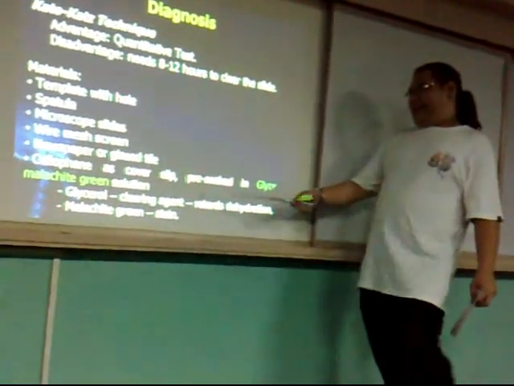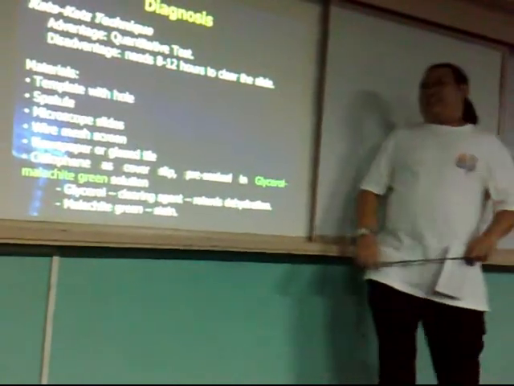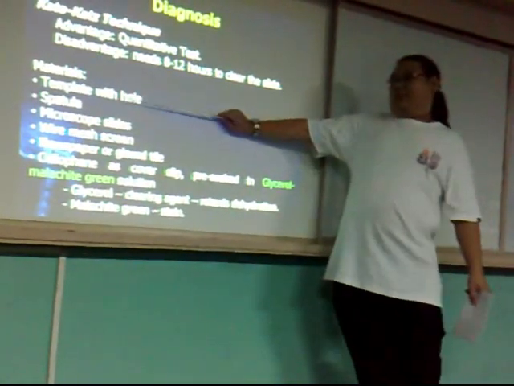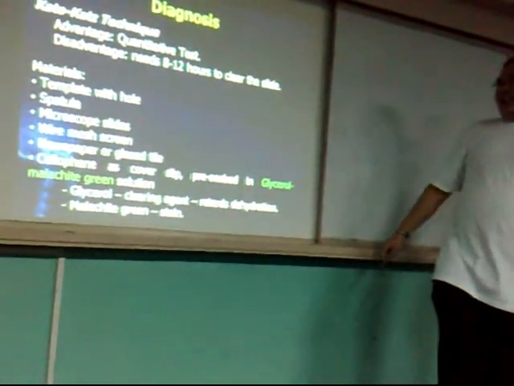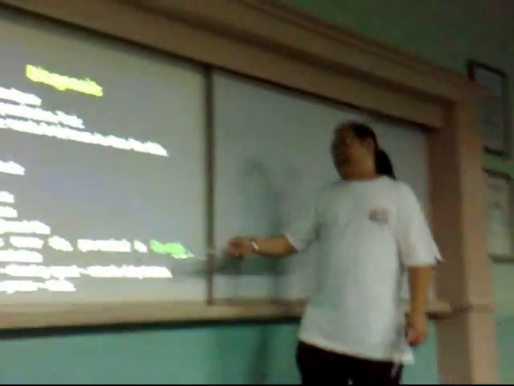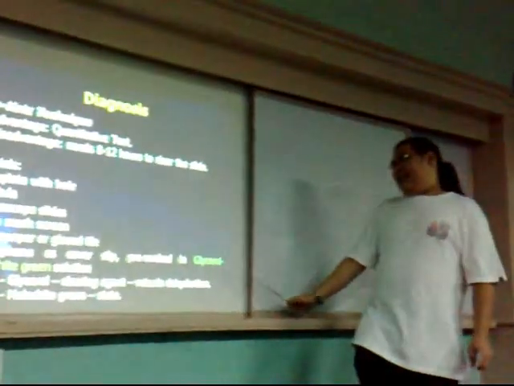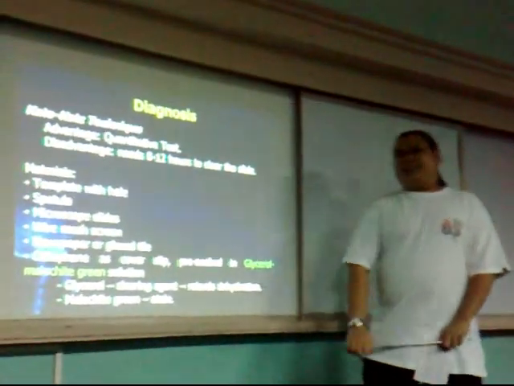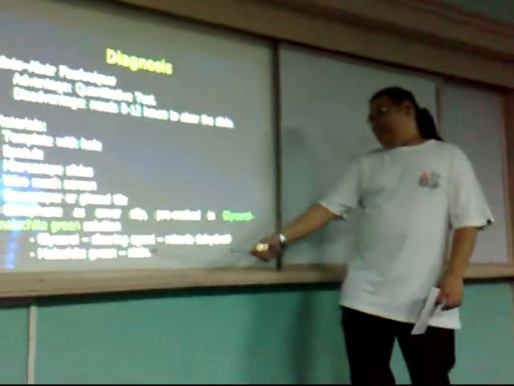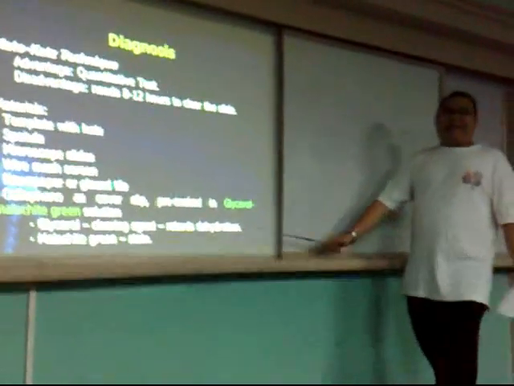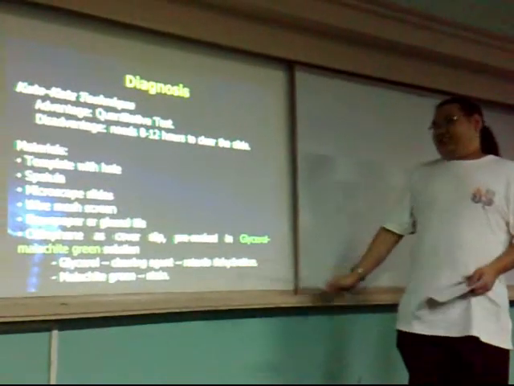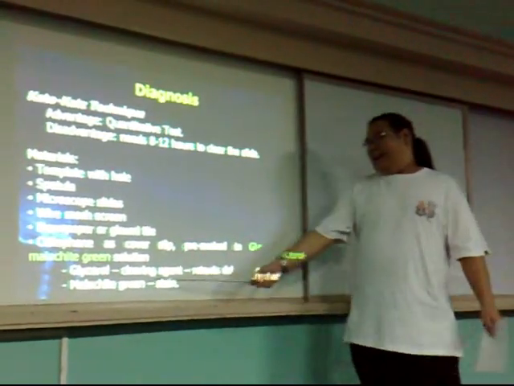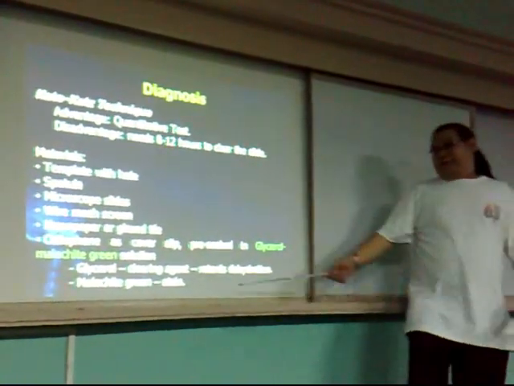So what do you need? You need a template with a hole, a spatula, a microscope slide, wire mesh, a glass tile, and cellophane as a cover slip soaked in glycerol malachite green solution. The purpose of the glycerol is as a clearing agent. It will retard the dehydration of the specimen, and the malachite green will serve as a stain so that you can easily visualize the eggs.